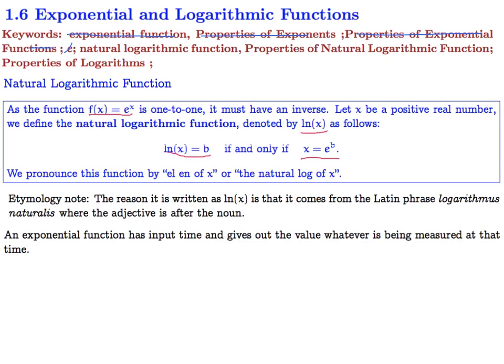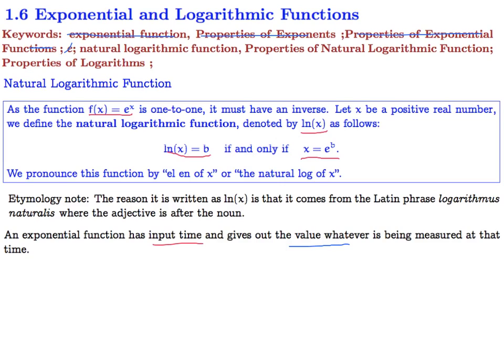Another good way to think about where this happens in the real world is to think that an exponential function takes as input usually time, and it gives out the value of whatever is being measured at that time. So for instance, in our example of cells, the input was the number of days, and we put that into an exponential function to figure out how many cells we have at a certain day.